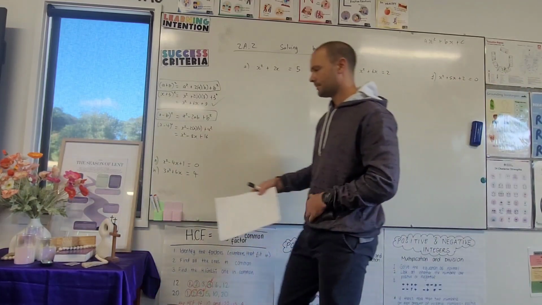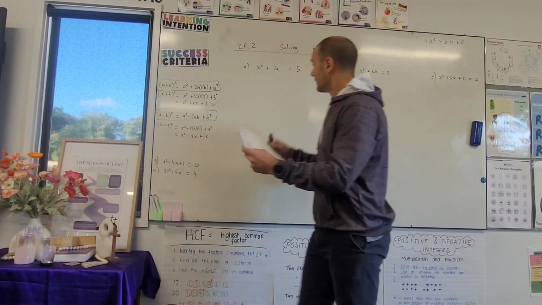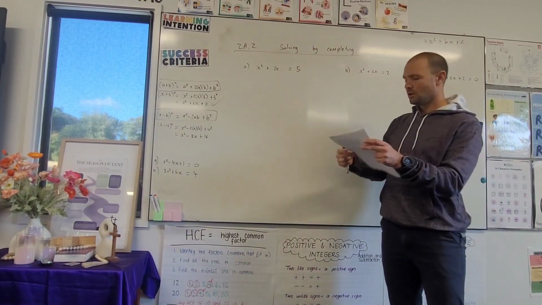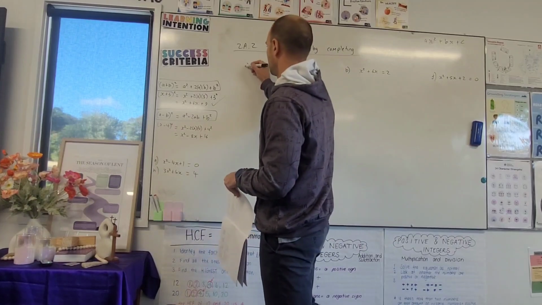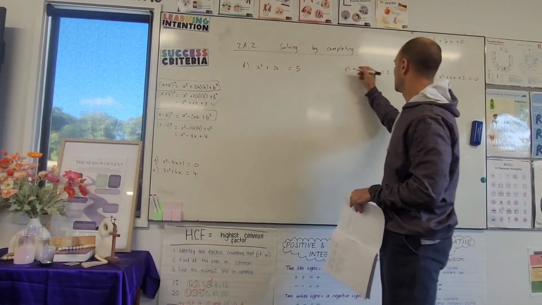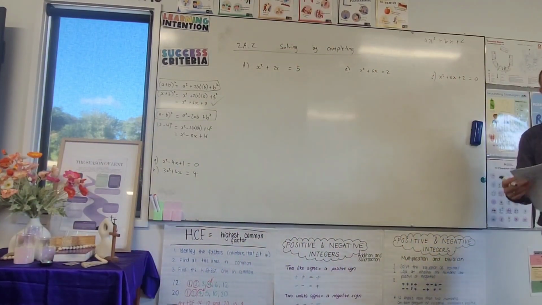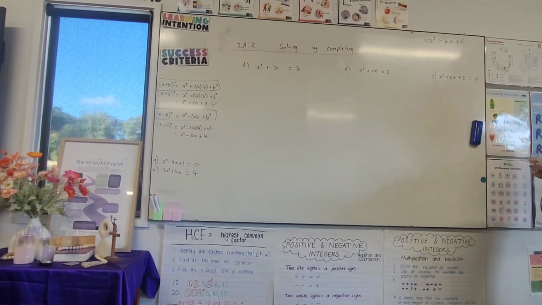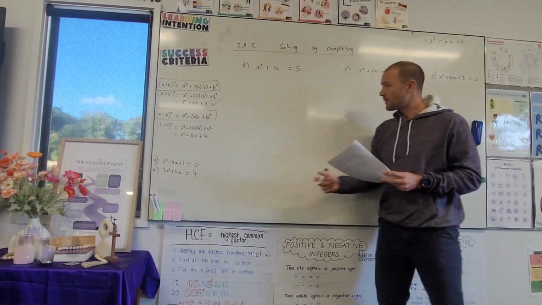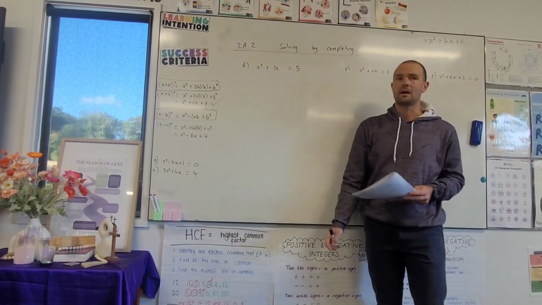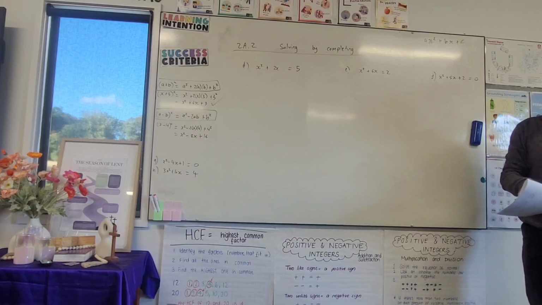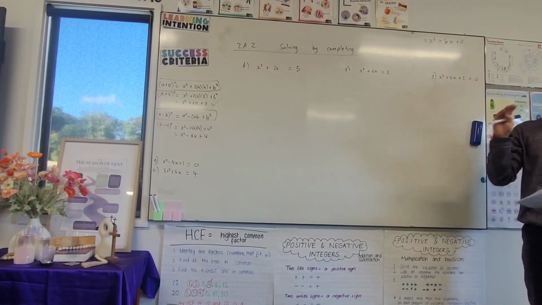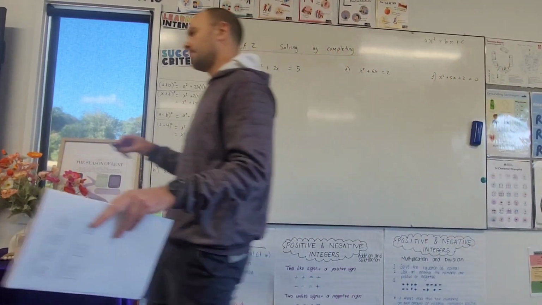Okay, let's apply it. So, for our first question here, this is not A, by the way, we're up to question D, aren't we? Sorry, that is D, E, and F. Good. So, x squared plus 2x equals 5. Step 1, rearrange so that only the constant is on the right-hand side. Done. Step 2, complete the square by adding b divided by 2 squared to both sides.